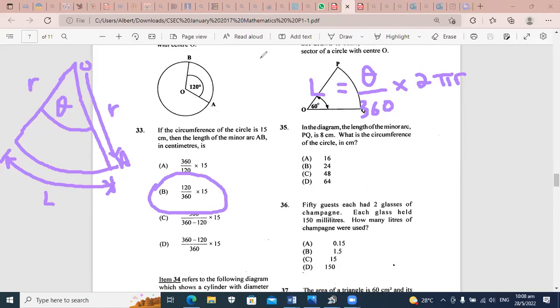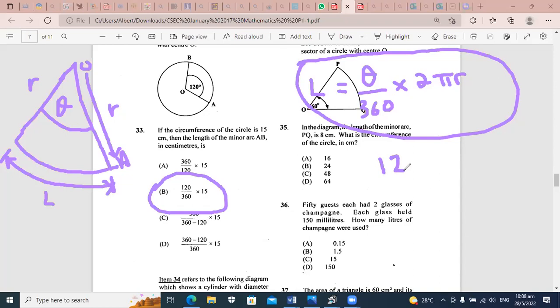So basically, this is the formula. It says length is equal to theta divided by 360. Theta is the angle formed, so the angle formed is 120, divided by 360.